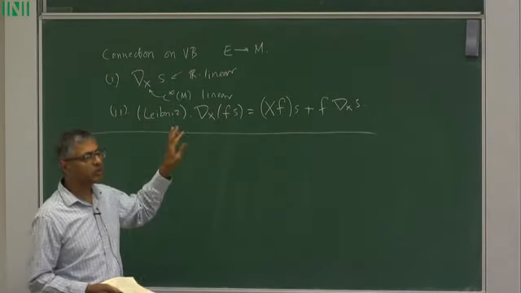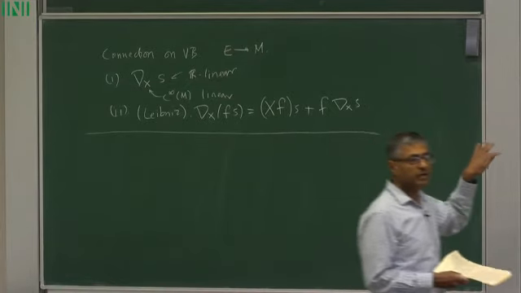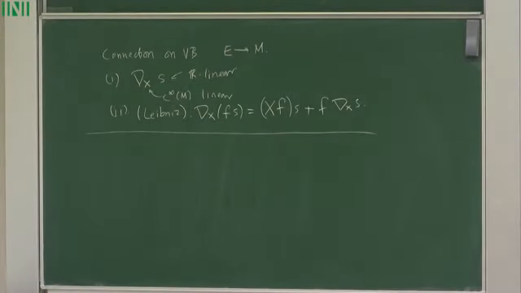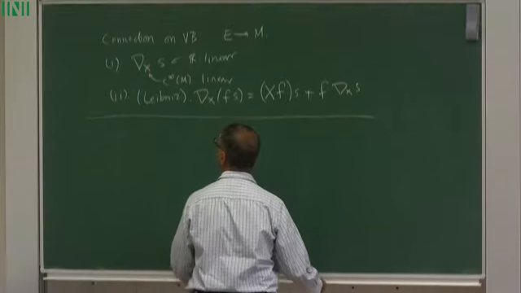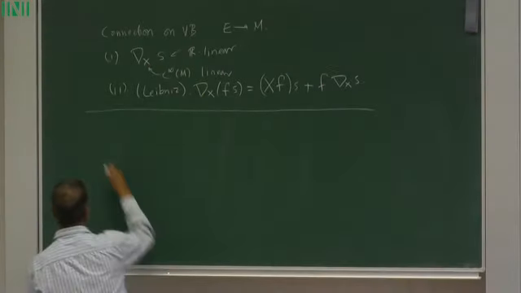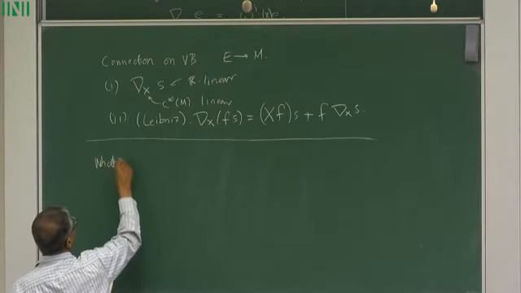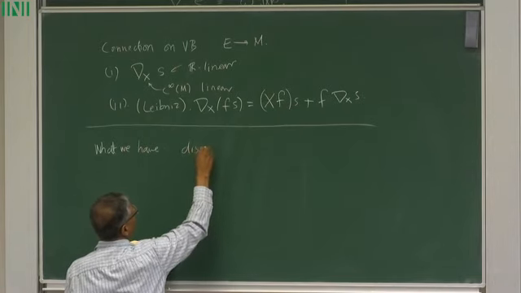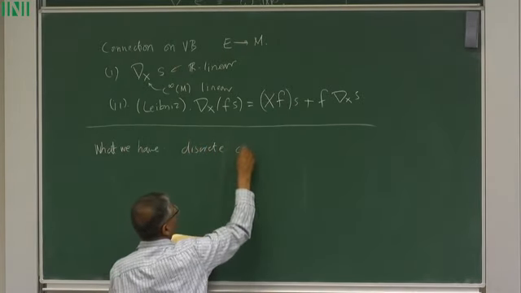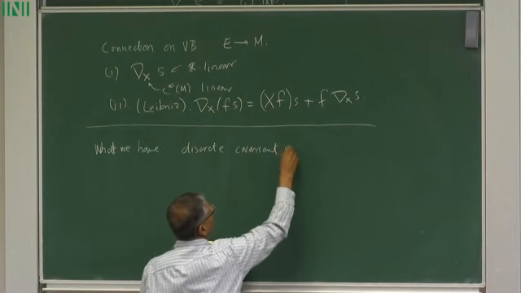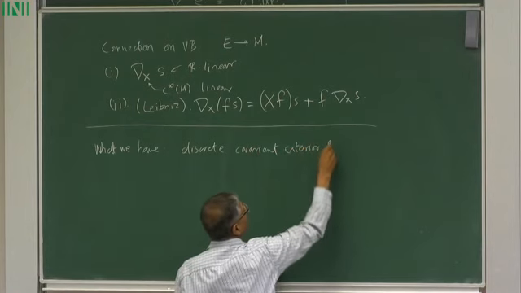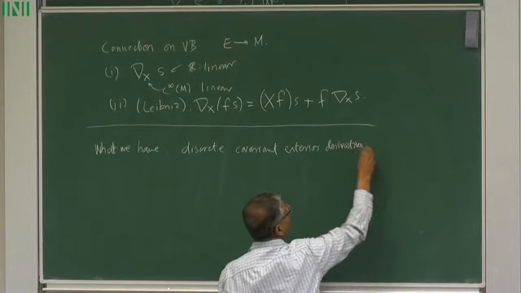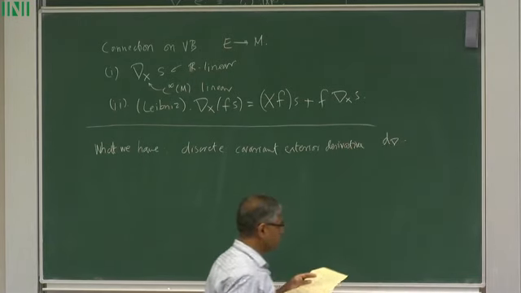So our focus has been on defining a discrete covariant exterior derivative, and building things which are consistent with that. Truth in advertising, let me say what we do have and what we don't have. What we have is a definition of a discrete covariant exterior derivative for vector bundle valued forms.